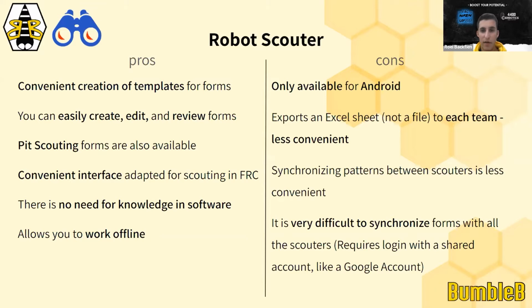Also, synchronizing patterns between scouters is less convenient. And it is very, very difficult to synchronize forms with all the scouters because it requires you to log in with a shared account, like a Google account, and on all the devices. So it's kind of difficult to synchronize. It's not very convenient.